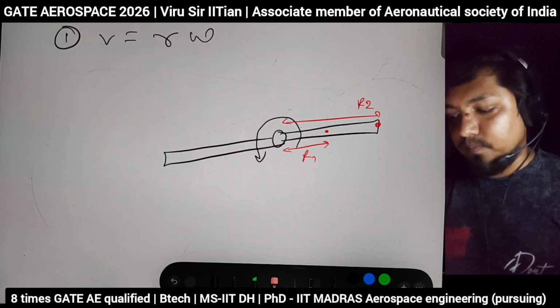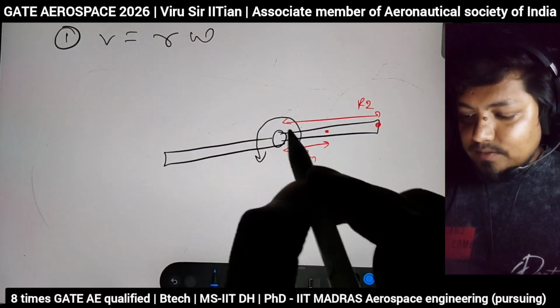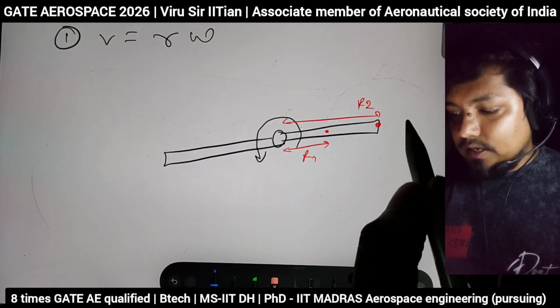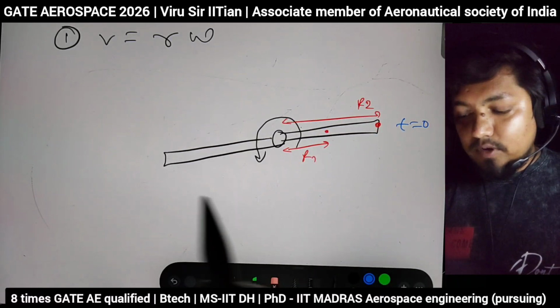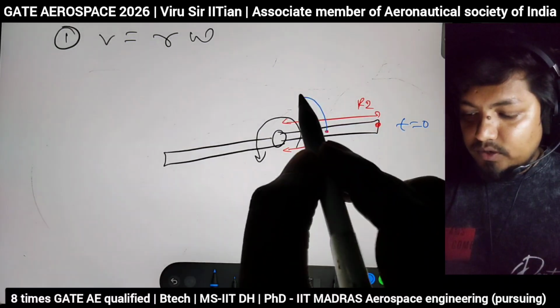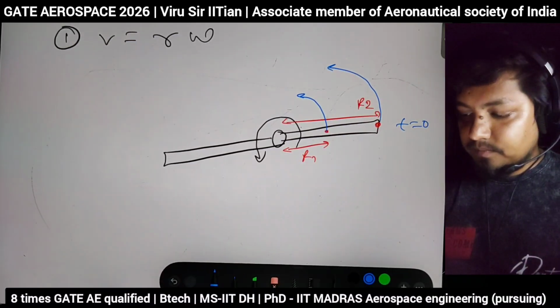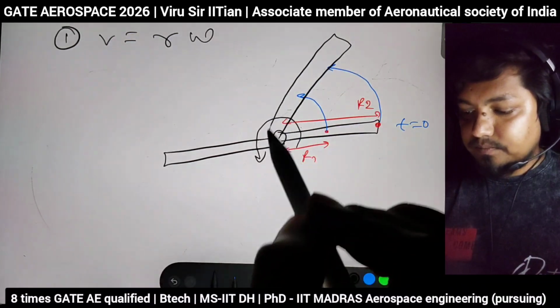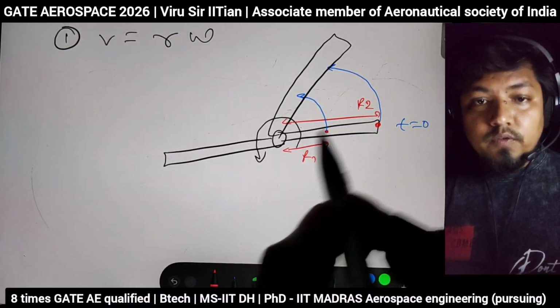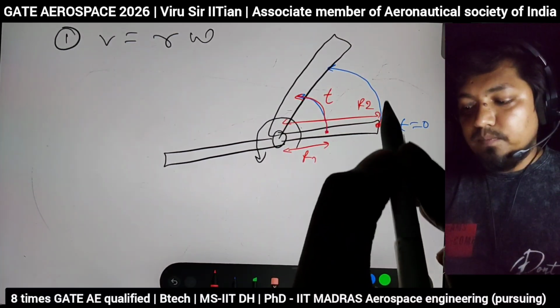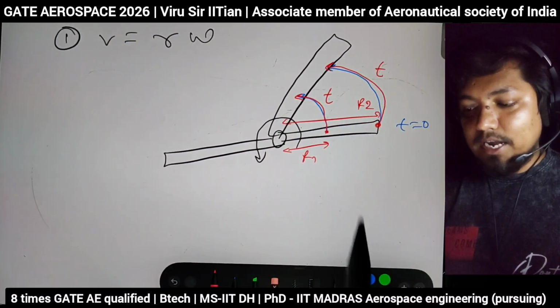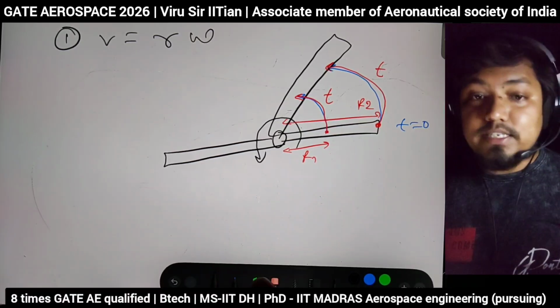Suppose right now at t is equal to 0 they are here, and the fan is turning in this direction and it became like this. So this point is taking the same time to reach here, and this point is also taking the same time to reach here. This is the similarity.